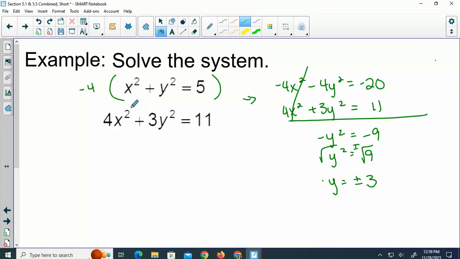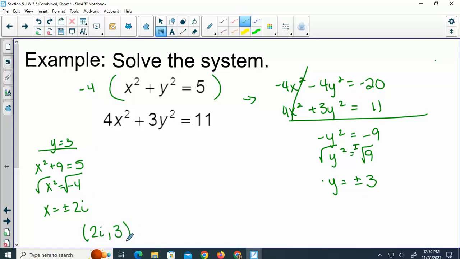Then, if I plug that in, if I put in y equals 3, so 3 squared is 9. Square root of negative 4, that's plus or minus 2i. So that means x could be positive 2i and y could be positive 3, or x could be negative 2i and y could be positive 3.